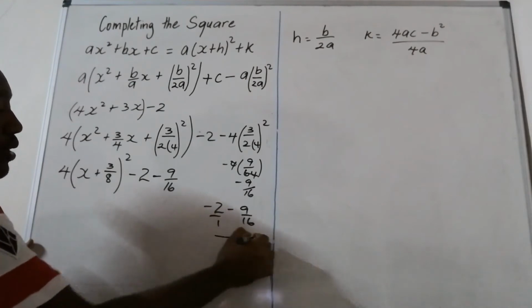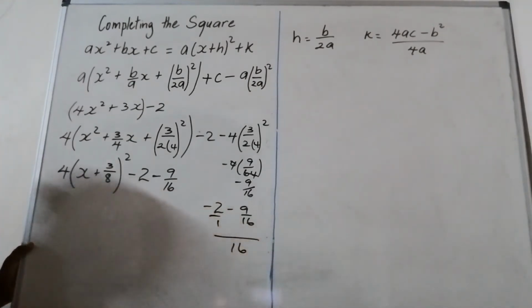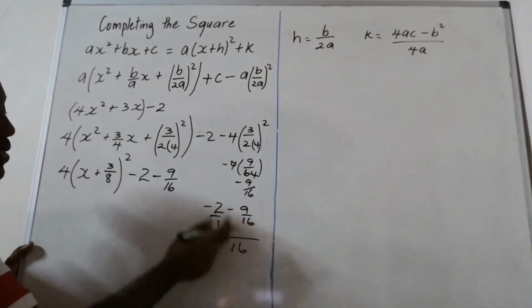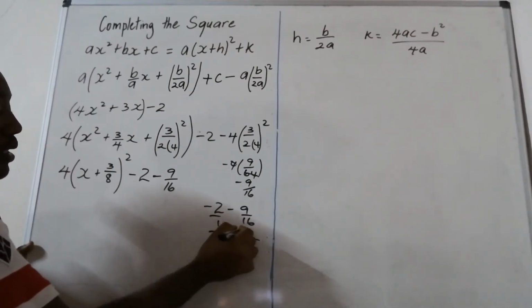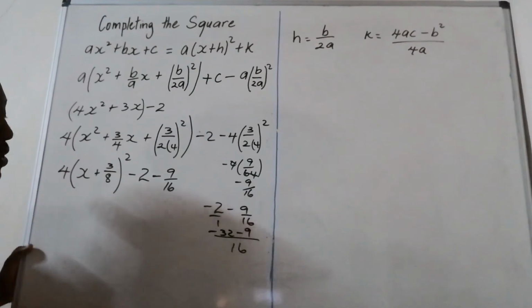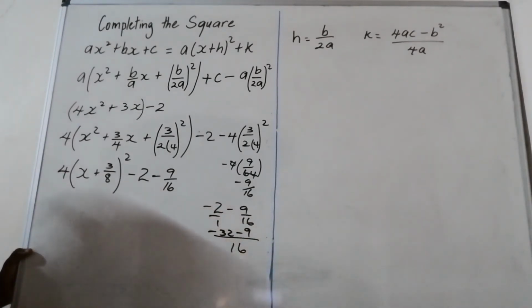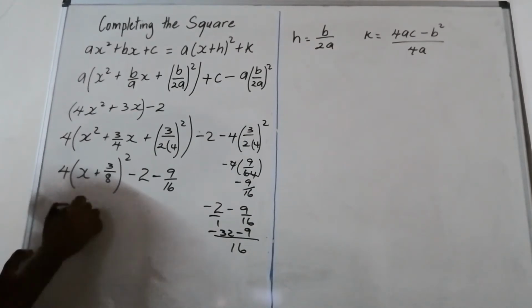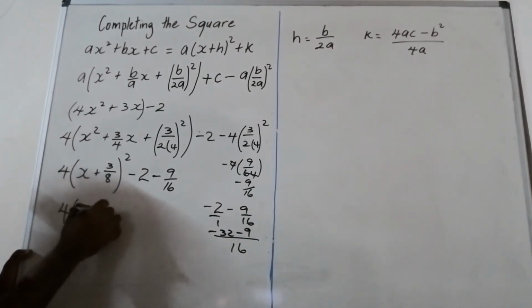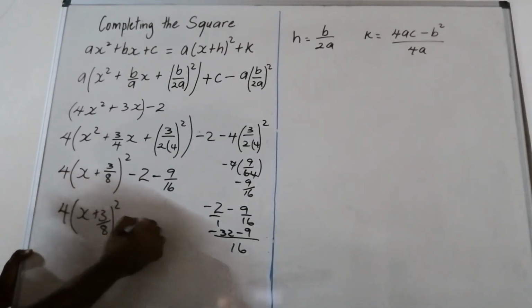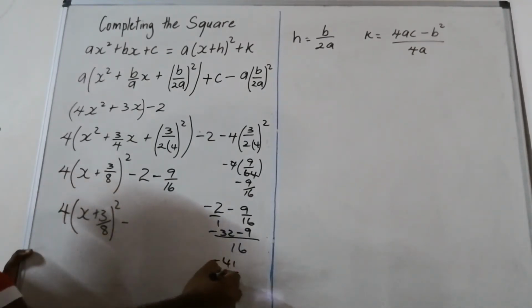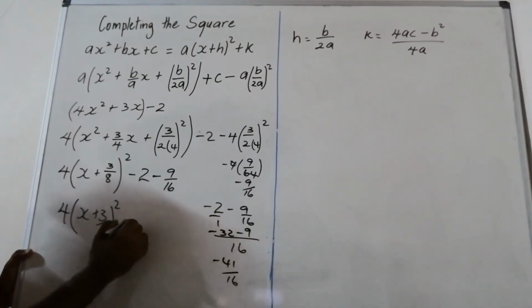This is over 1, and we have 16 there. 1 into 16 is 16, 16 times 2 gives us minus 32, minus 9. That will give us minus 41 over 16. So we will have 4 times x plus 3 over 8 squared minus 41 over 16.